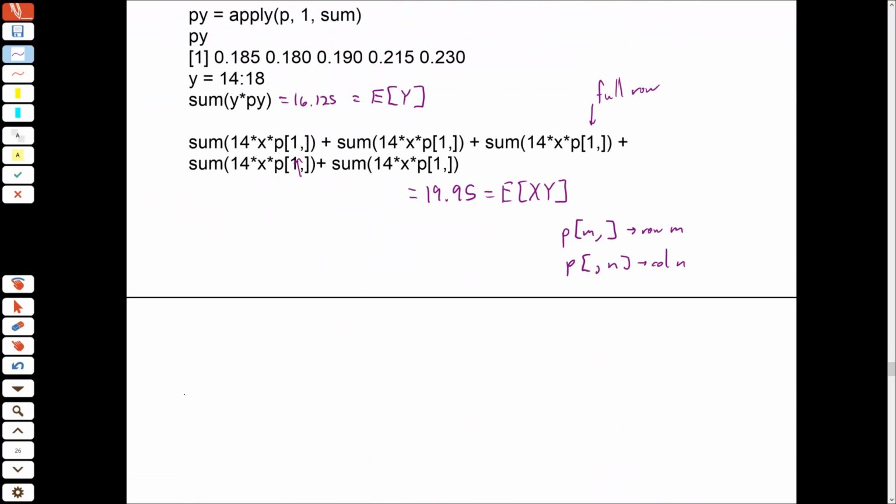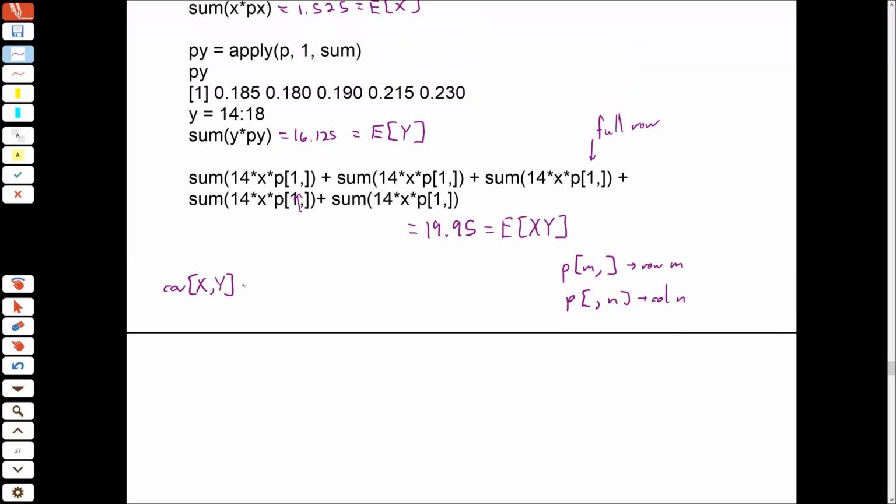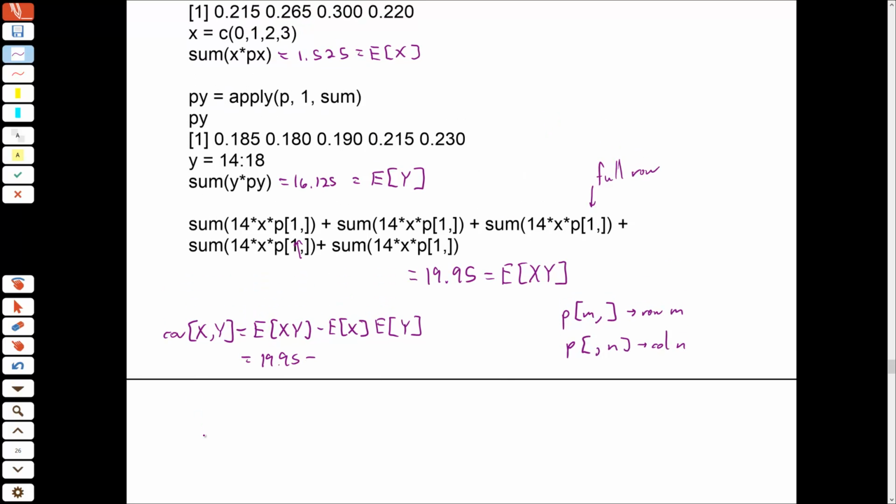Finally, we're asked to find the covariance of X and Y, which is very easy at this point, because that's simply the expected value of X times Y minus the expected value of X times the expected value of Y. So in this case, we'll have 19.95 minus 16.125 times 1.525.